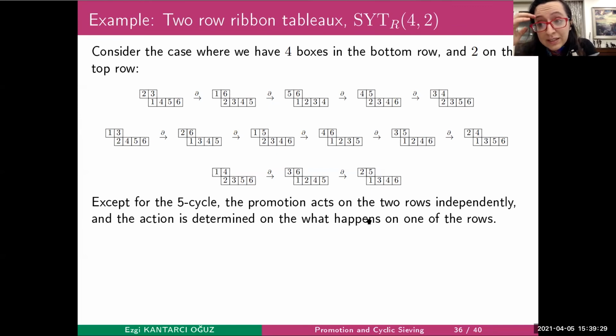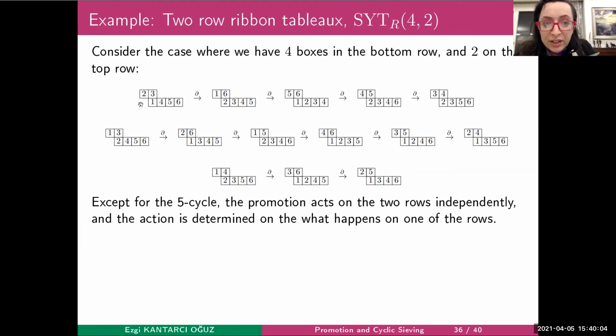But what makes these easier to work with is that we generally don't get any interaction between the two rows when we are doing promotion. So mostly, when we delete the smallest entry, nothing falls down from the top row to the bottom row. It only happens in this one specific case, the first tableau here, 2 3 / 1 4 5 6.